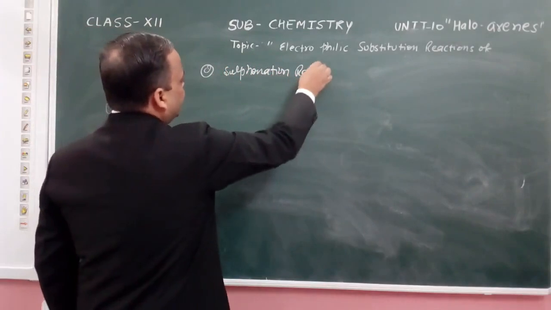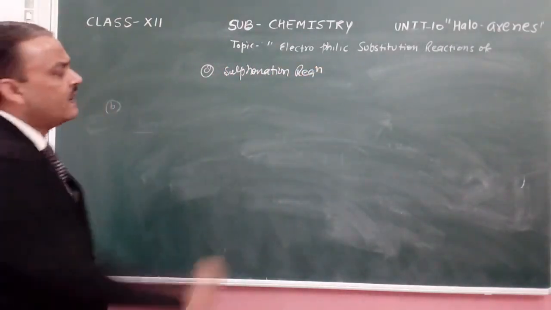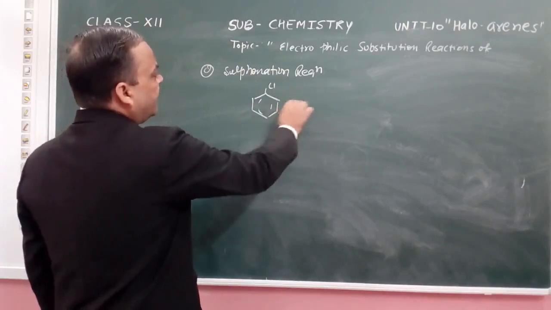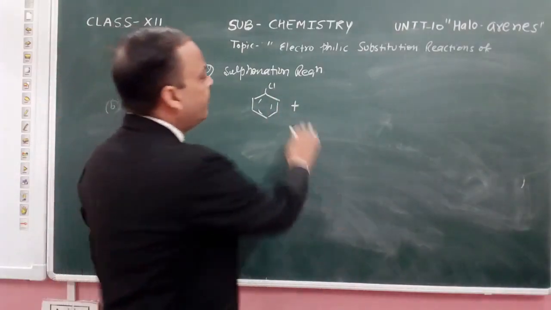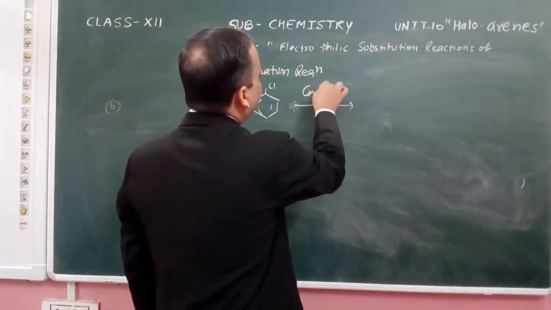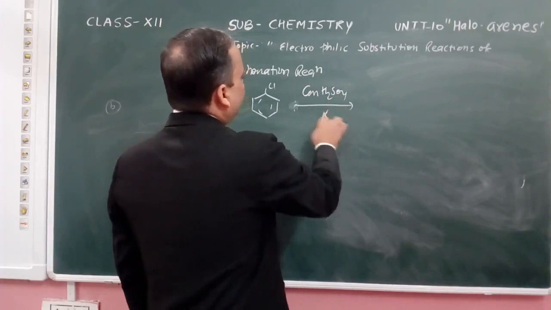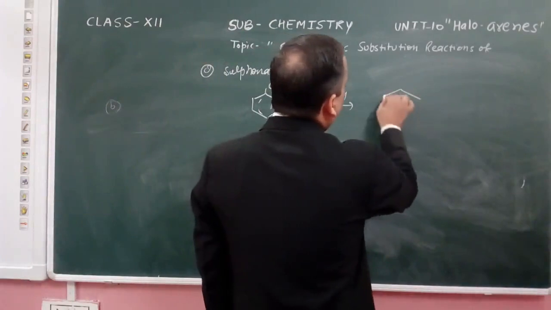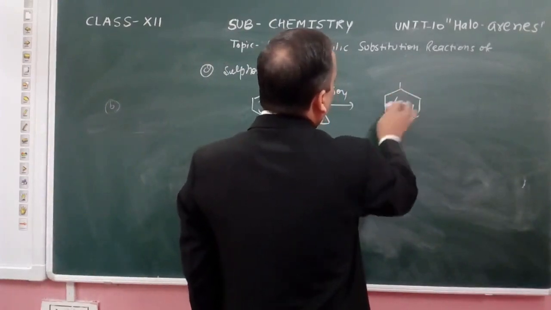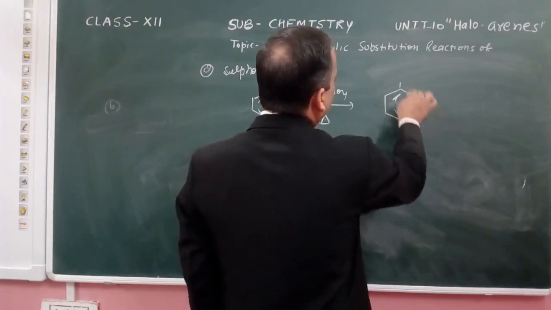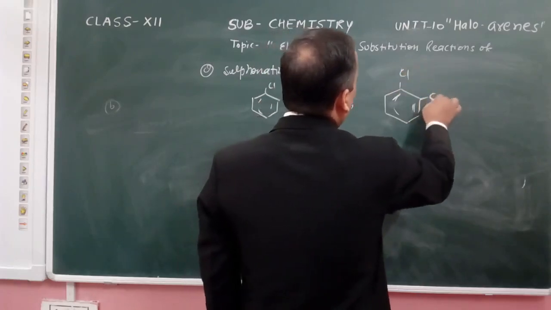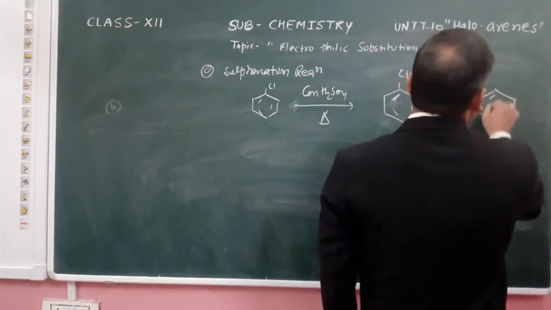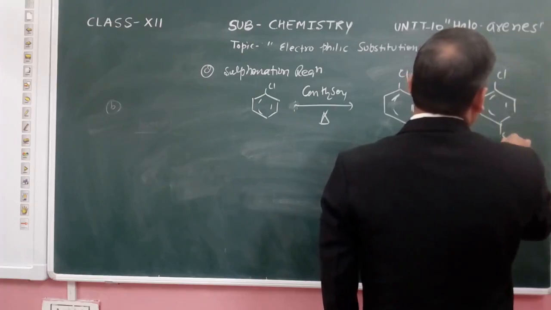When chlorobenzene reacts in the presence of concentrated H2SO4, the addition of the sulfonic group takes place on the ortho and the para positions of the chlorobenzene ring.